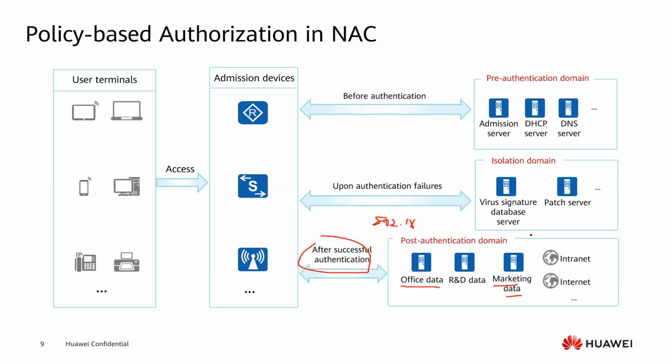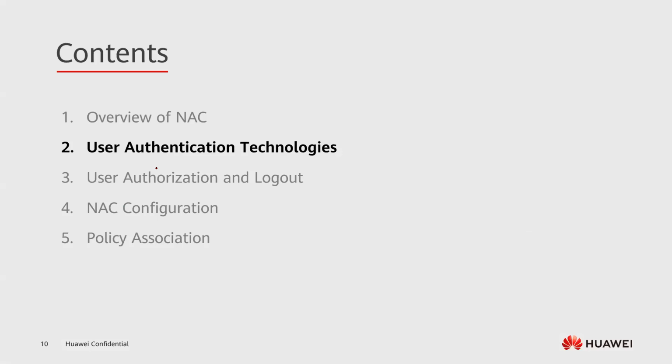Okay, so for the overview of the network admission control, you need to know we separate the network admission control into three parts: the terminals, the admission devices, and the admission authentication service. And then we will introduce some technologies.